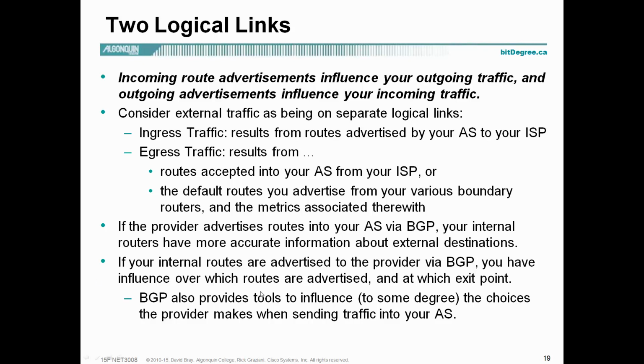And if your internal routes are advertised to the provider via BGP, then you can influence, by which route you advertise, at which point you'll draw traffic towards you into your enterprise. And BGP will also provide tools to some degree to influence the choices your provider makes. You can send attributes to your provider to influence how they route traffic to you. And we'll look at that later.